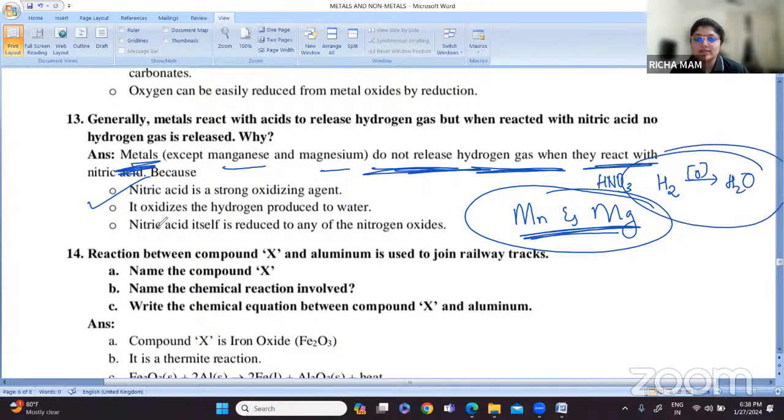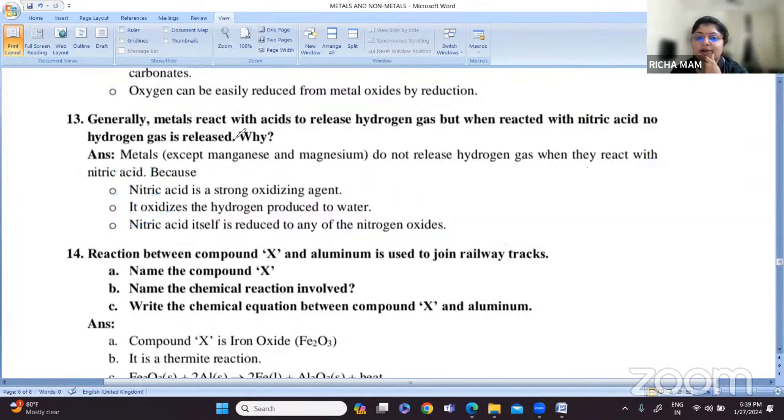Next, nitric acid itself is reduced to any of the nitrogen oxides. So HNO3 will be reduced to, suppose, NO2. It will be converted into its oxide form. So this is the answer you have to write.